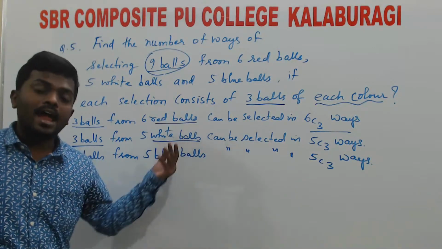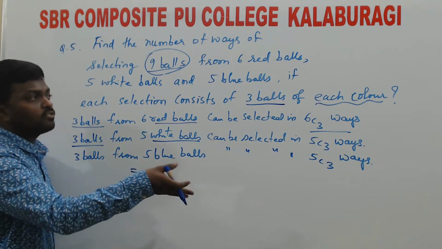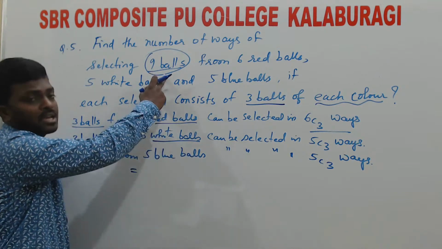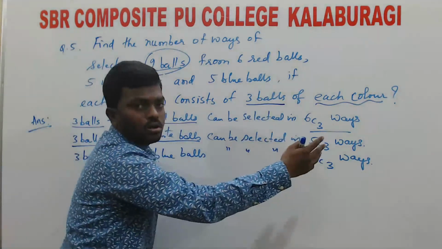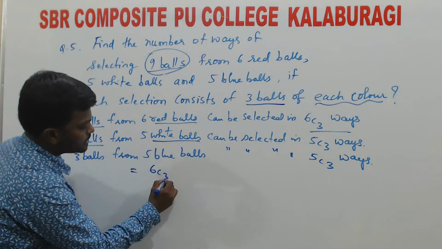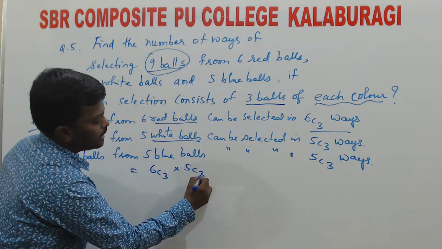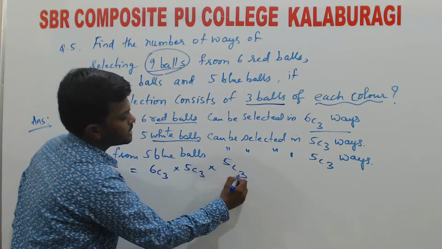So the total number of ways in which you can pick 9 balls with the condition that 3 balls are from each color is 6C3 into 5C3 into 5C3.